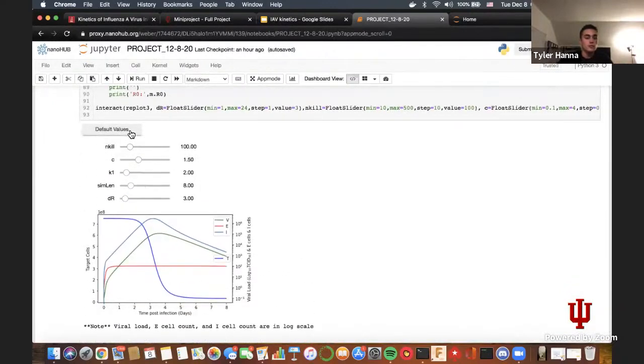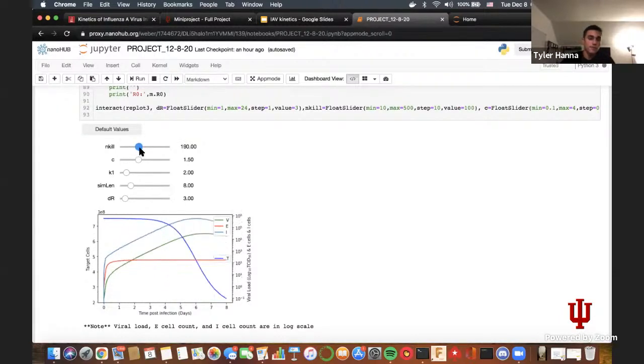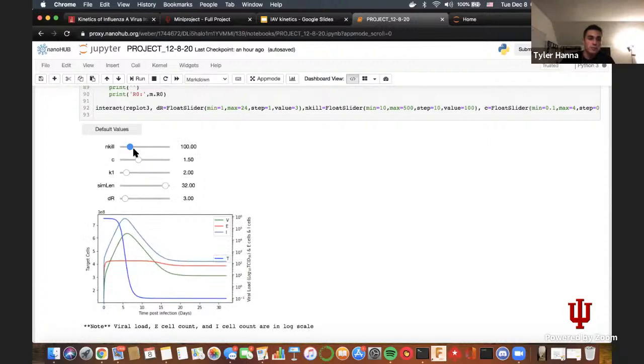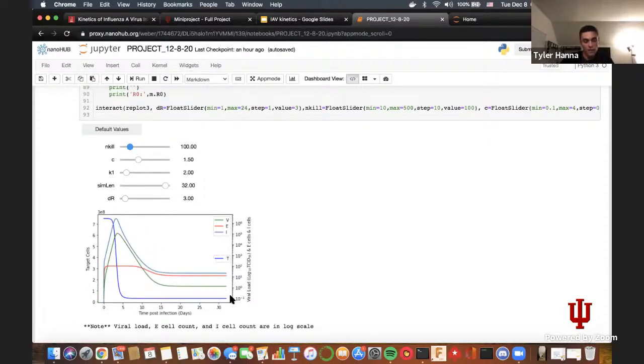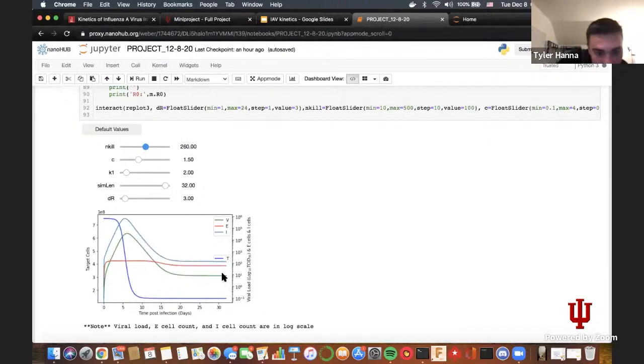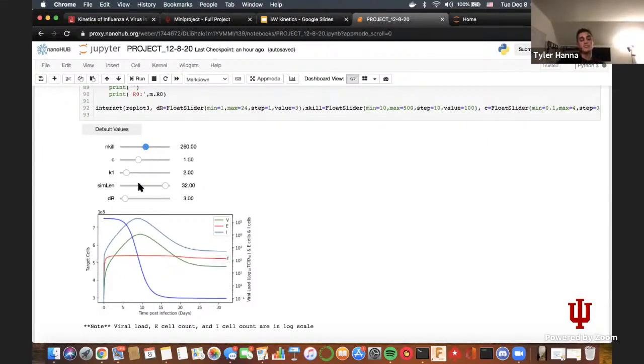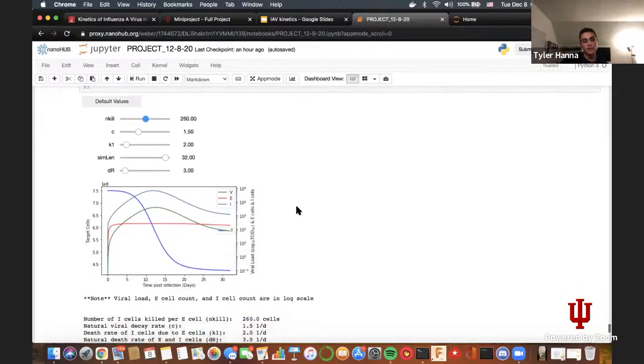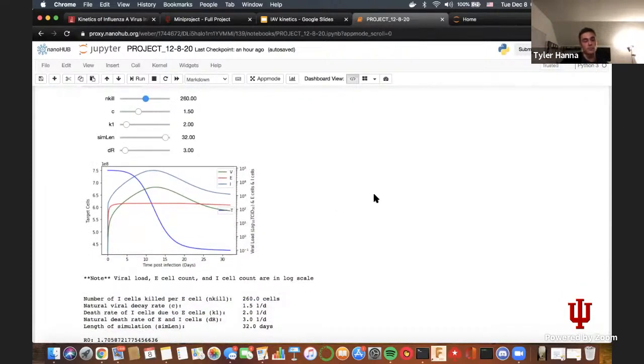And here we see that if we start off by adjusting the number of cells that an effector cell can kill and increase the length of the simulation, we see that by doubling the number of cells that it can kill, this end value of the viral load, the infection is delayed because as infected cells are killed at a higher rate than the amount of effector cells, the rate at which effector cells are produced is going to go down, as well as the number of infected cells, as we see here.